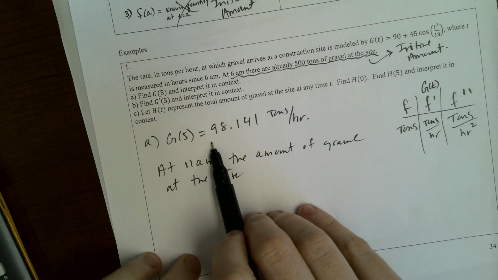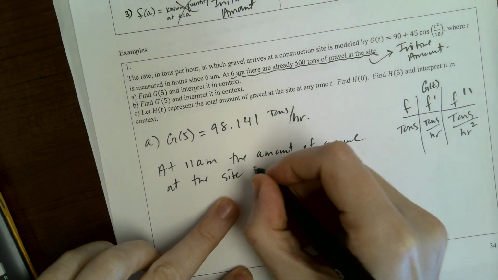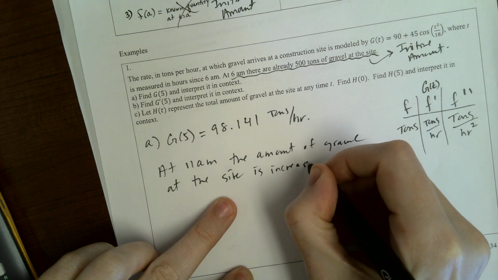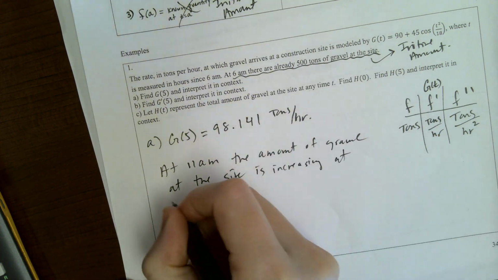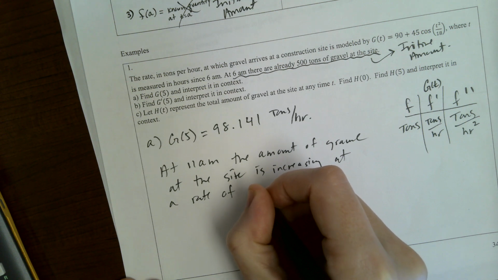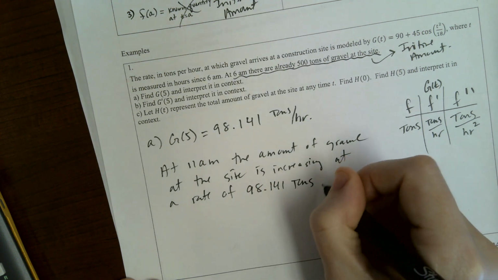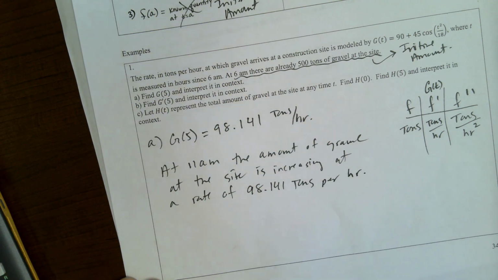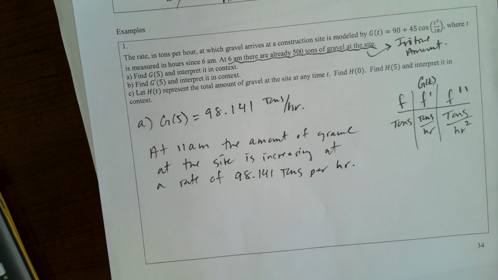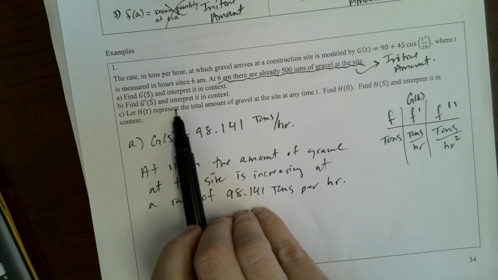If the rate of change is positive, then it's increasing. So the amount of gravel at the site is increasing at a rate of 98.141 tons per hour.